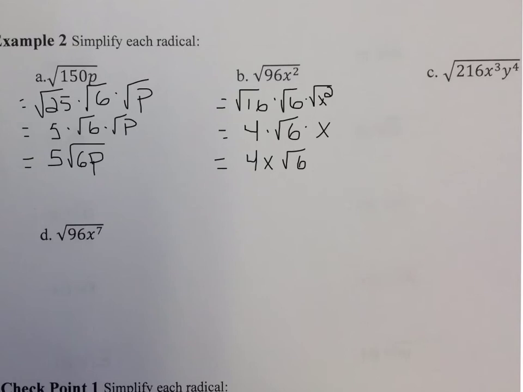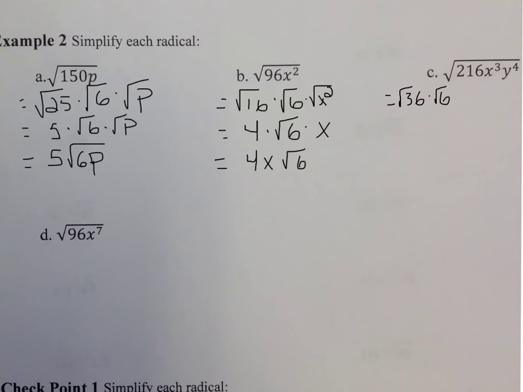Let's look at C. 216 is 36 times 6. So I can write this as the square root of 36 times the square root of 6, and I've got the square root of x cubed next. But I know I can only take the square root of even powers, and I divide by 2.